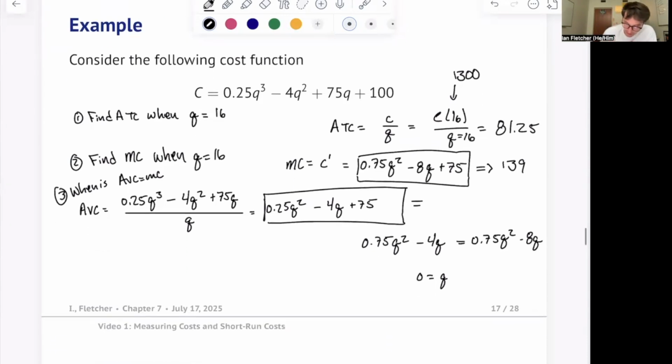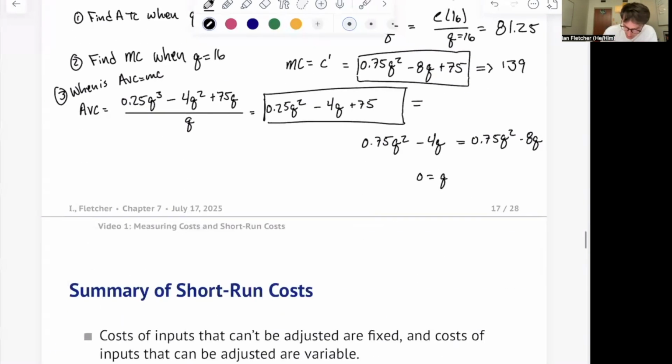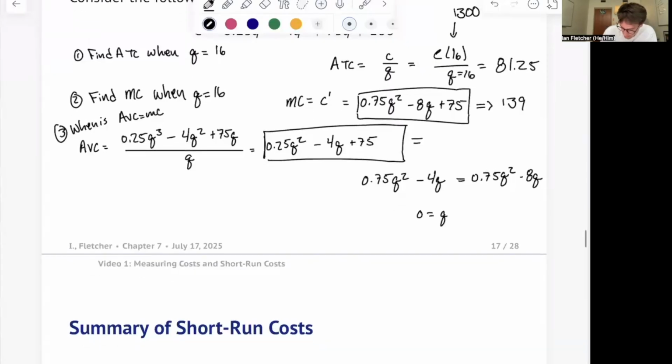Right? And so if we wanted to think about these in a curve, let's take Q over here. Our marginal costs start at 75 and they will look like this.